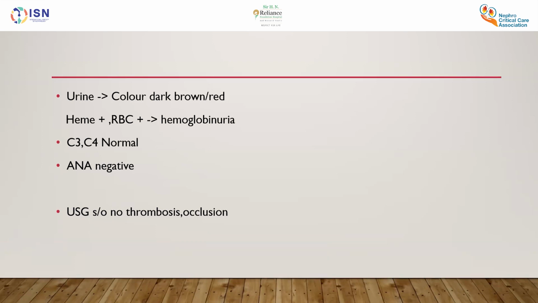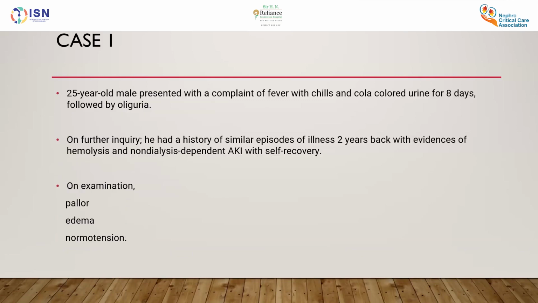Viral myositis. Niranjan is saying viral myositis. Was there any history of fever? There was a history of fever with chills and cola-colored urine for 8 days. Yes, and also with pancytopenia, which could be seen in certain infections like parvovirus and others, right?